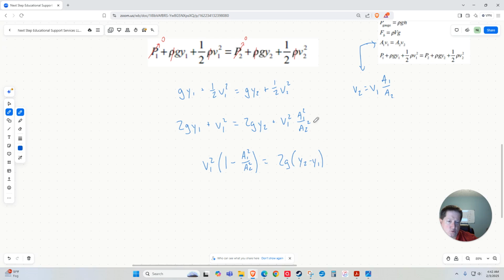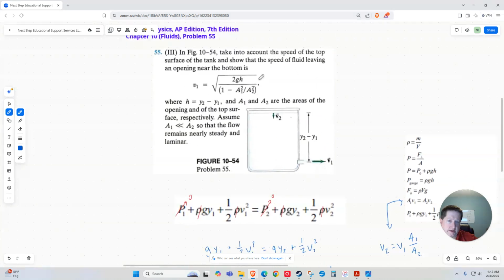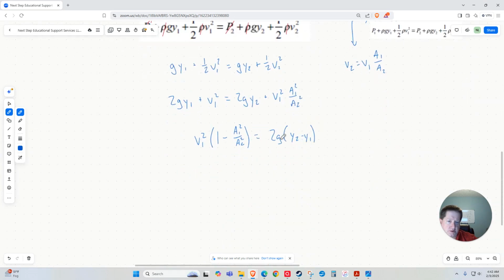Now I can replace this y2 minus y1 with the height, because that's what my final equation has in it, what I'm looking for. So I can replace that with h. At the same time, I'm going to divide by all of this to get v1 by itself, then take the square root.